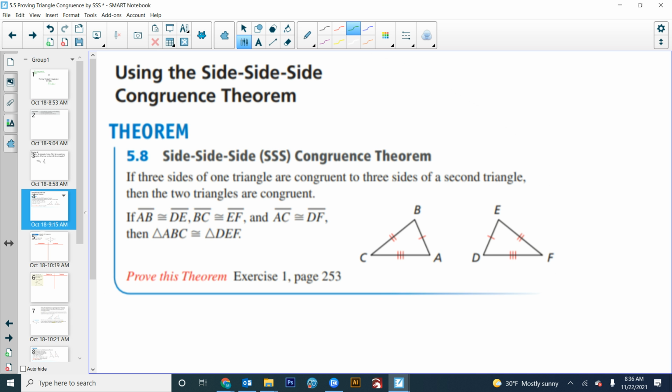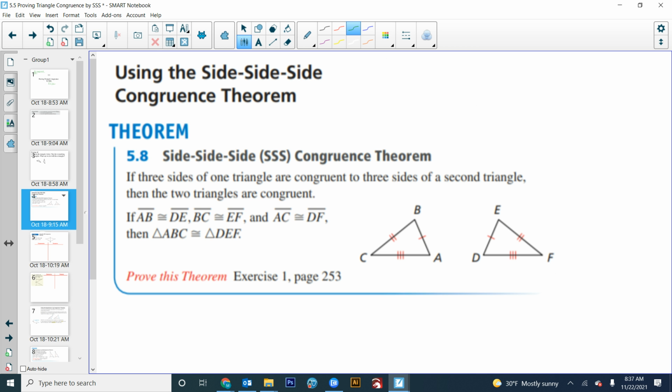Now, this is a shortcut. Again, just like SAS, it has 3 sets of information, but not 2 sides and an included angle. 3 sets of sides, SSS. If 3 sets of sides are congruent, then the angles would have to be.